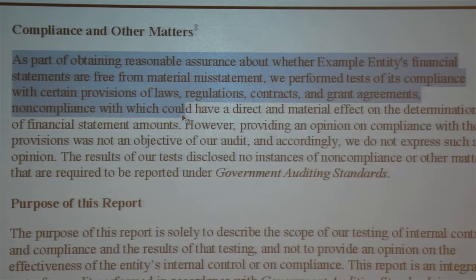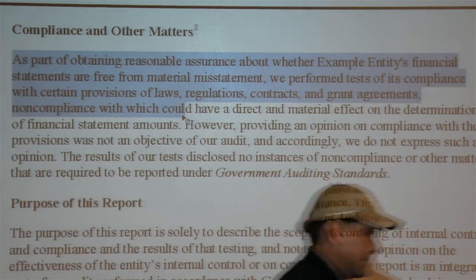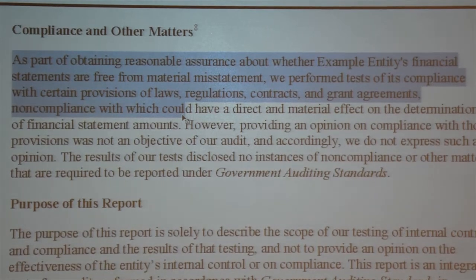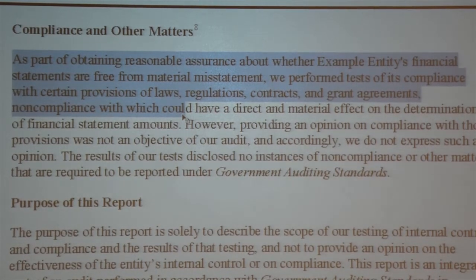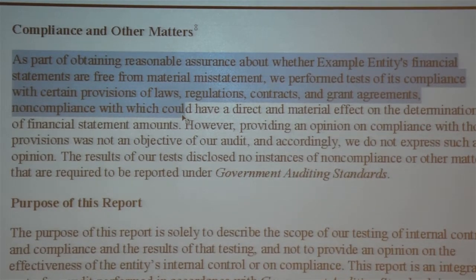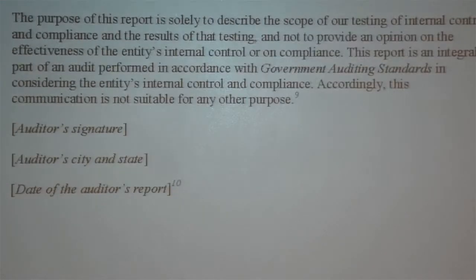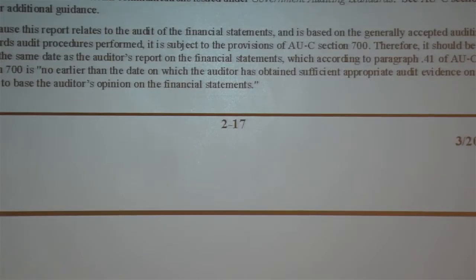However, providing an opinion on compliance with those provisions was not an objective of our audit. I don't really like that paragraph because we are segregating our audit out into audits of compliance, but they are just saying as part of our audit engagement for the financial statements, we are not doing that, which is true. But I want you to remember that phrase, because in the finding discussion, we have to come back to that phrase. Okay, remember me.